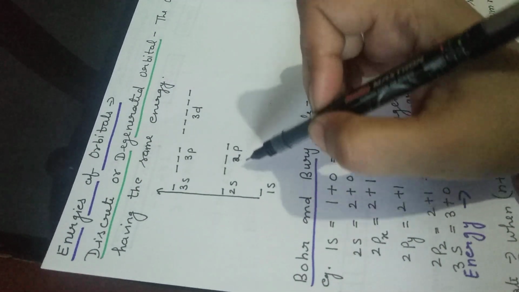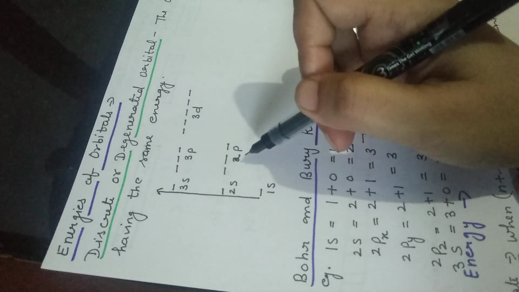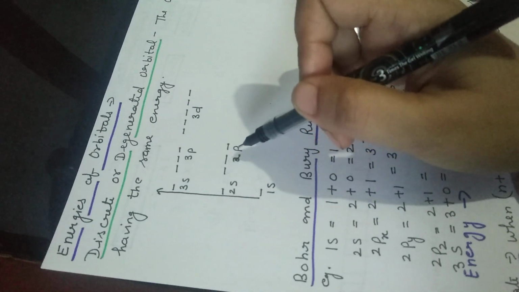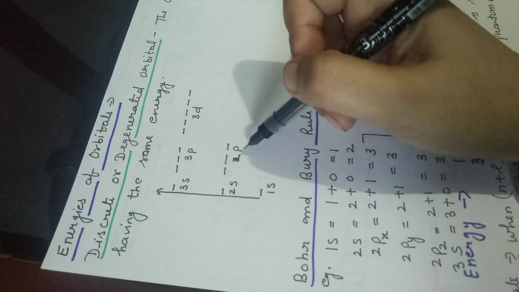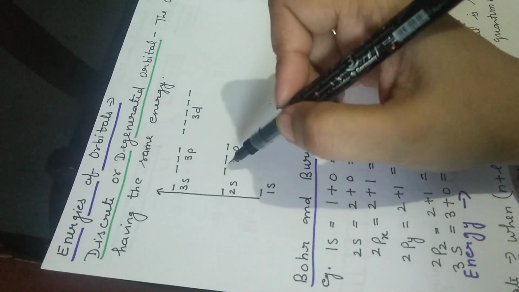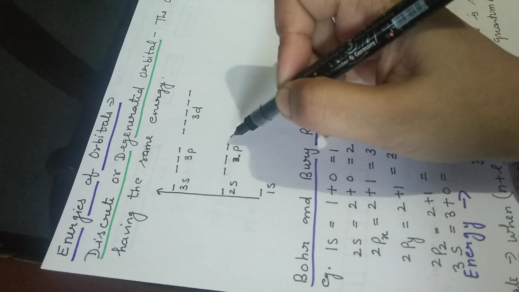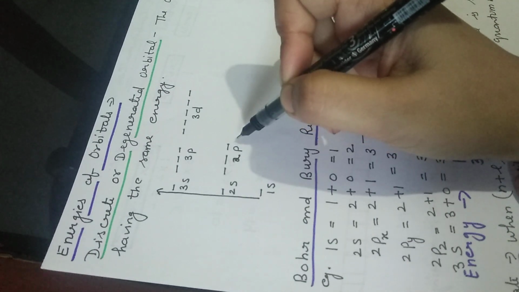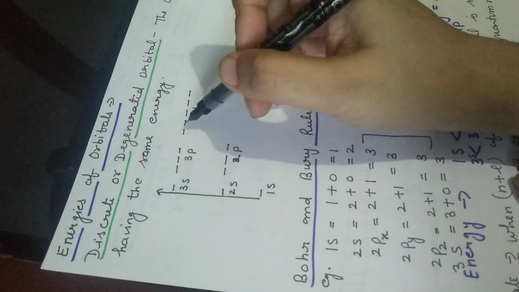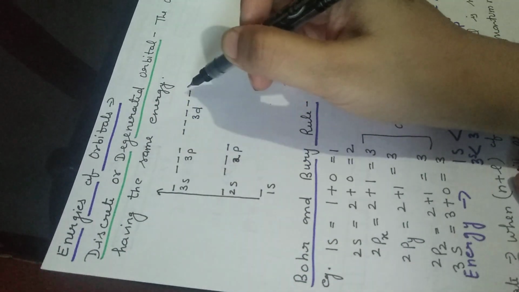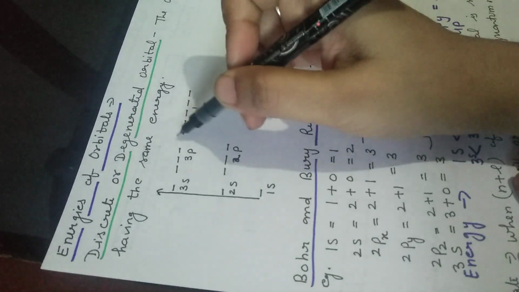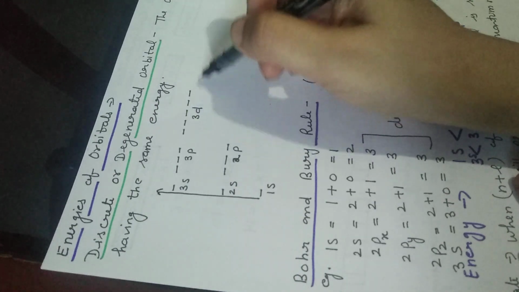But in the case of 2p, it has 3 orbitals, and all the orbitals belong to the 2p shell, so they all have the same energy level. So these are called discrete or degenerated orbitals. In the same way, 3d has 5 orbitals, and because they all belong to 3d, all have the same energy level, so these orbitals are also called degenerated orbitals.